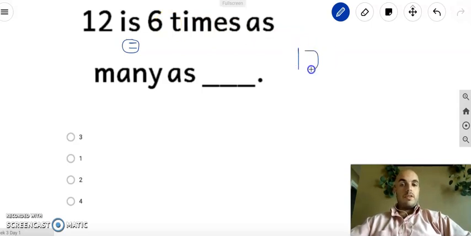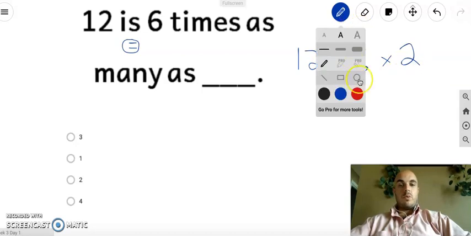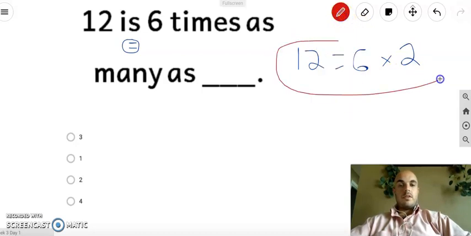So 12 is equal to 6 times, which of course tells us multiplication, as blank. So what do I put here? Well, 6 times what gives me 12? I know that 6 times 2 is what gives me 12. And my answer 2 is right here.